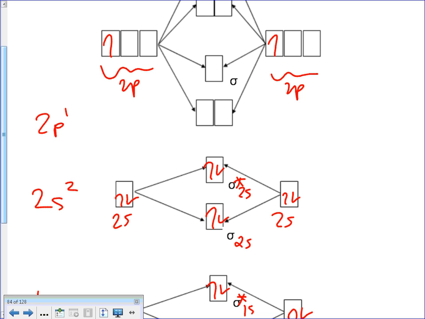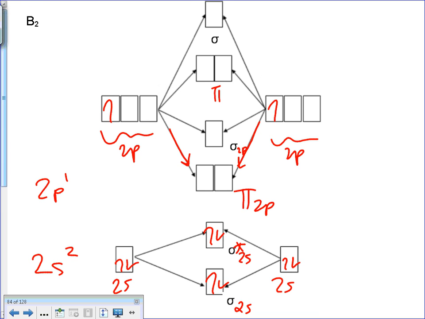They will get shuffled down to the lowest energy orbitals, which are actually the pi 2p. This is the first time we've seen this, pi 2p. And I'll label the others for you just so you know what they are. This is sigma 2p, and then above that we have pi star 2p, an antibonding orbital, and then sigma star 2p, the other antibonding orbital.